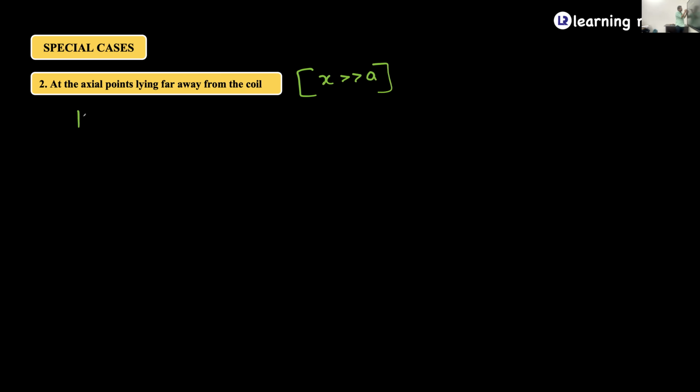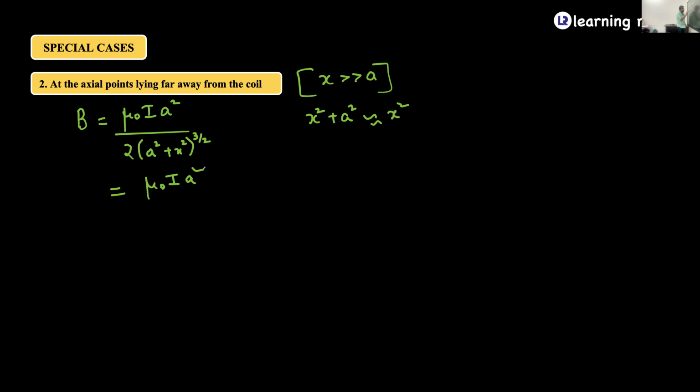In the formula B is equal to mu naught I a square divided by 2 into (a square plus x square) the whole power 3 by 2, if you use x much greater than a, then x square plus a square is approximated to x square. Then you will get mu naught I a square divided by 2 into (x square) the whole power 3 by 2, which is x cube. So it will be mu naught I a square divided by 2 x cube.